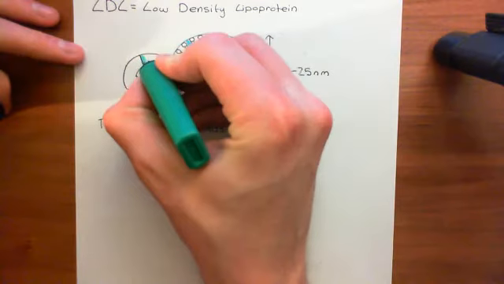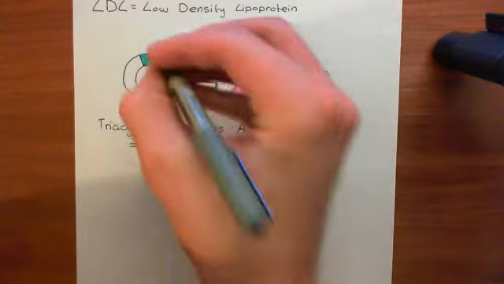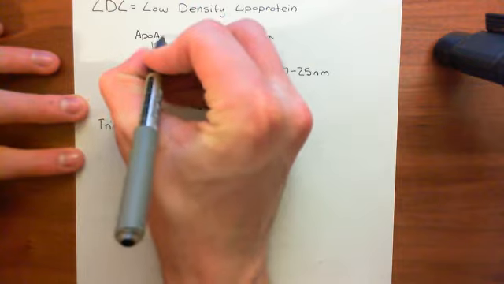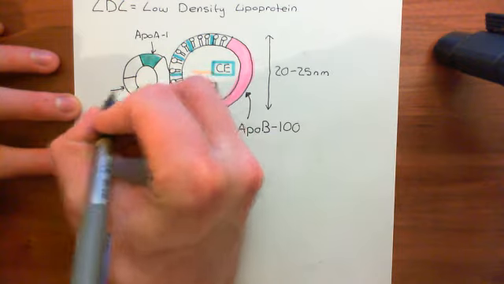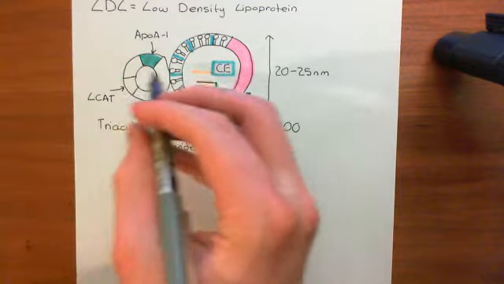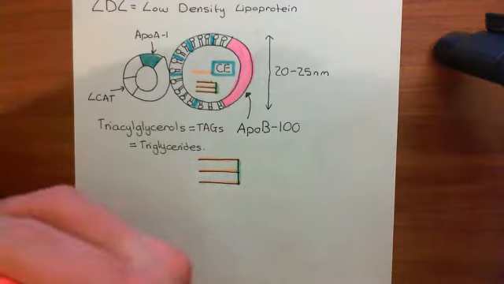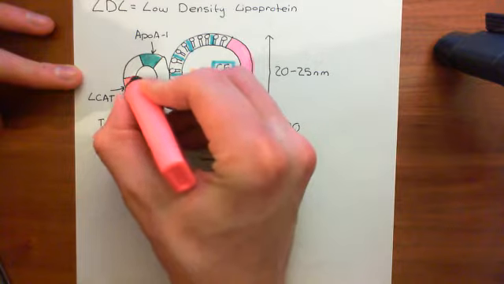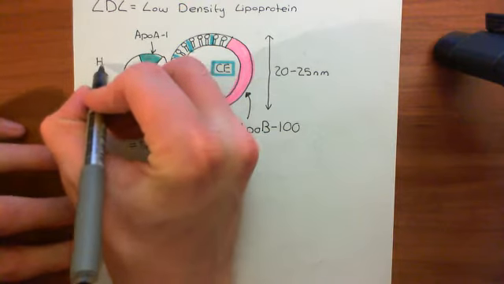We've got our apolipoprotein A1 being the main apolipoprotein within the phospholipid monolayer of our high-density lipoprotein. We've then got lecithin cholesterol acyl transferase enzymes also embedded within the phospholipid monolayer. And of course, a major difference between HDL and LDL is that you can have multiple apolipoproteins as well, and there's vast scope for different apolipoproteins to be in the phospholipid monolayer of a high-density lipoprotein particle.